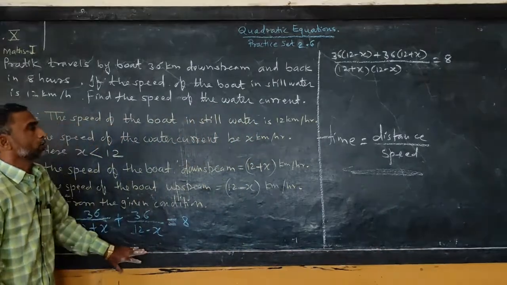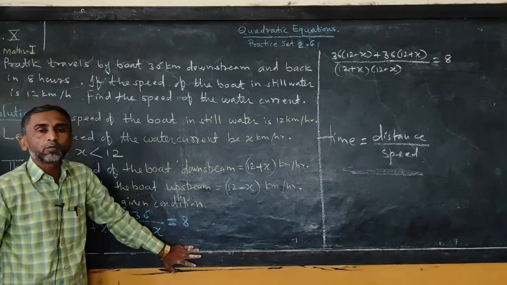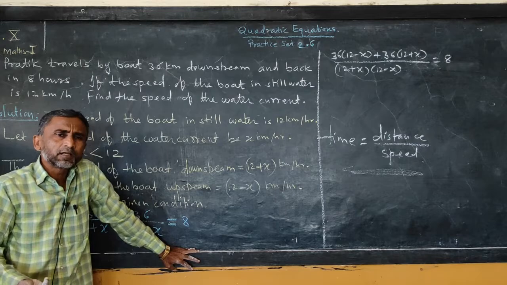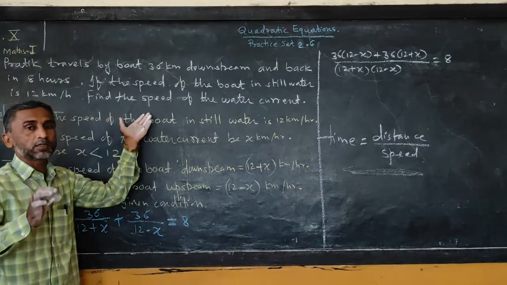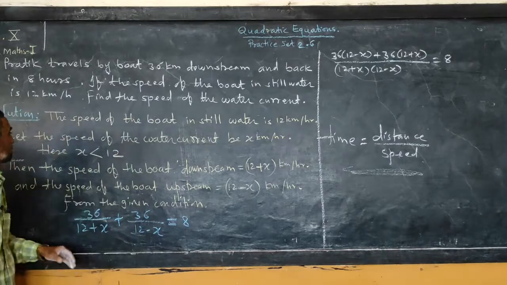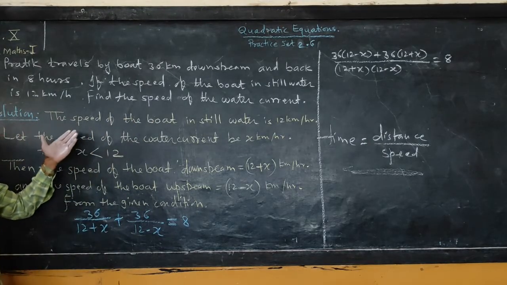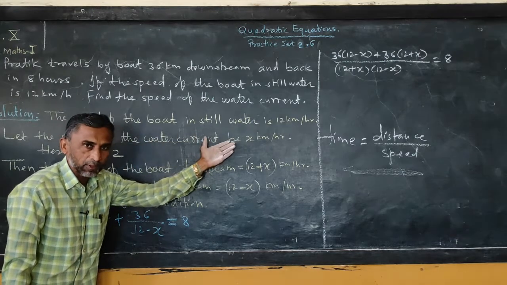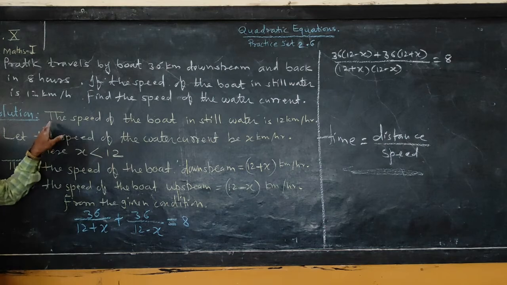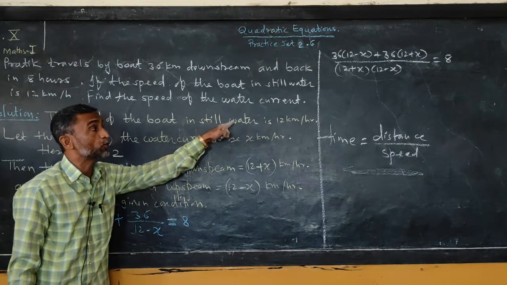Now, what should we consider? We have been asked to find the speed of the water current. Consider the speed of the water current is x kilometer per hour. Let the speed of the water current be x kilometer per hour. But what is given? The speed of the boat in still water is 12 kilometer per hour.